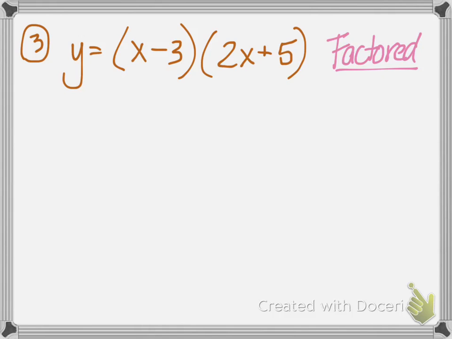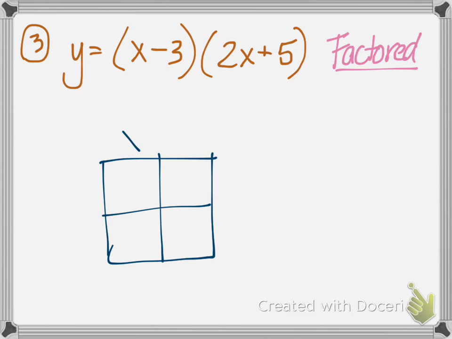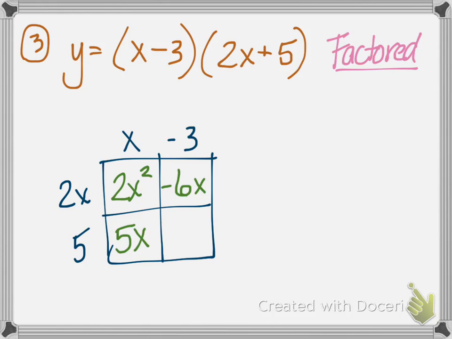So general form just says I have to multiply this out. Here, if you want to, you can use your area model, 2 by 2, x, negative 3, and 2x and 5. And let's fill this baby in. This is 2x squared, negative 6x, 5x, and negative 15.